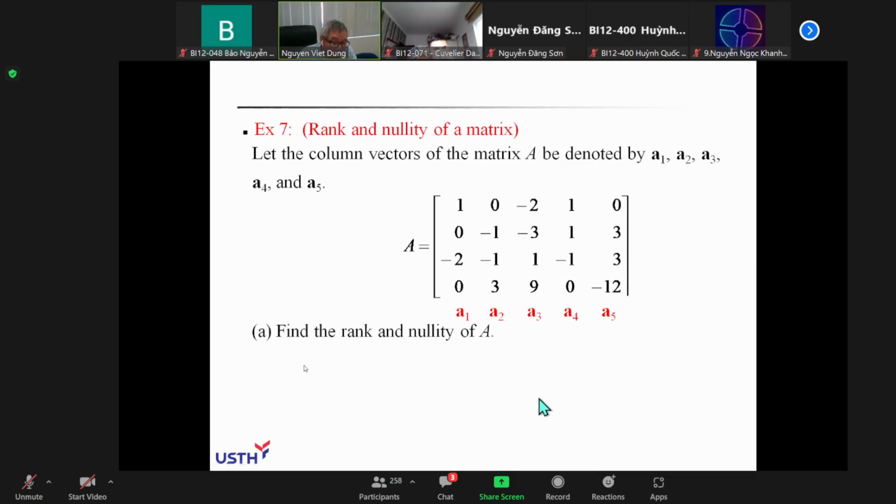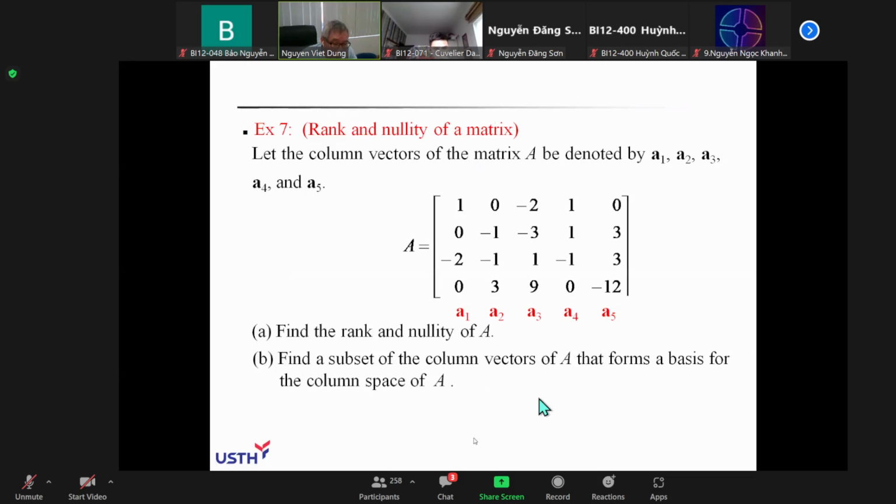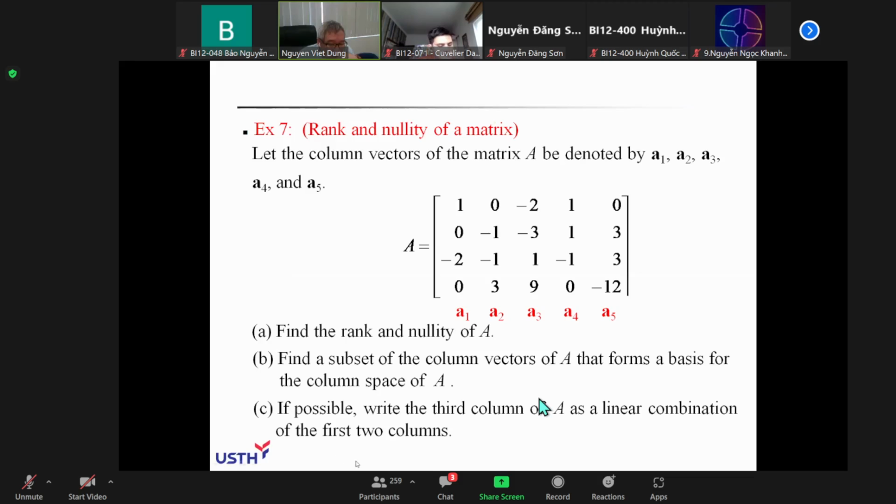The first one, find the rank and the nullity of A. The second one, find a basis for the column space of A, but the basis must be a subset of the vectors A1, A2, A3, A4, A5. And one more thing, if possible, write the remaining columns of A as a linear combination of the first two columns, the first one and the second one.